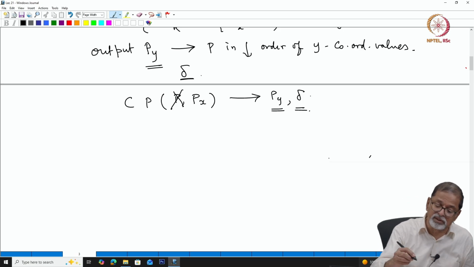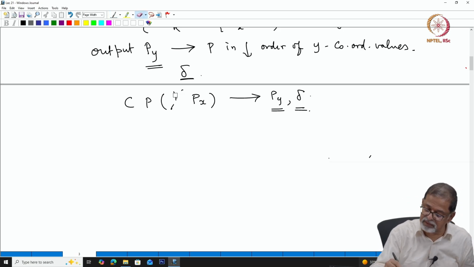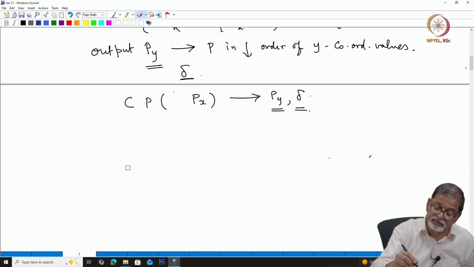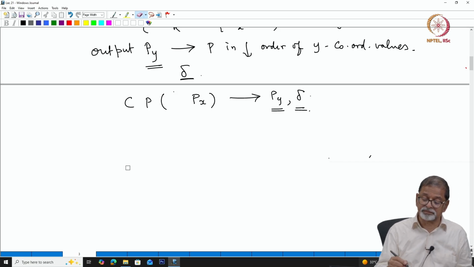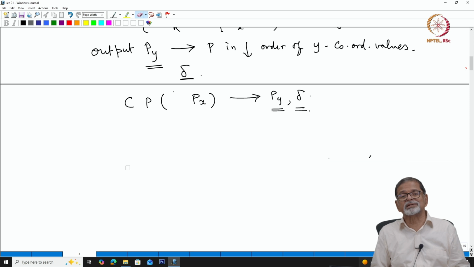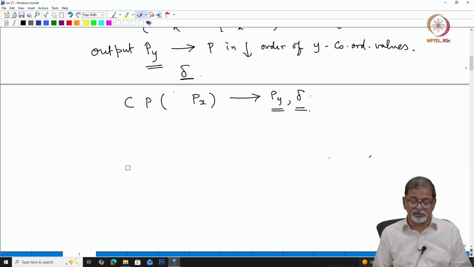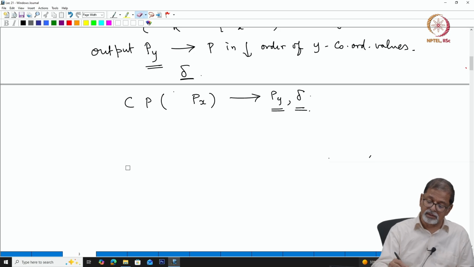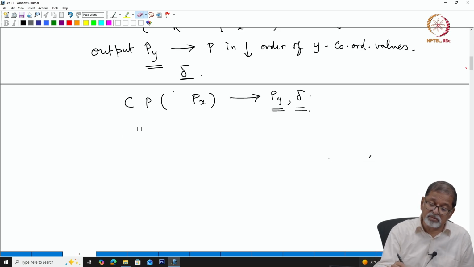All right. So let's clear this off. We will assume Px is the input, that is, the input is a set of points sorted in x value.